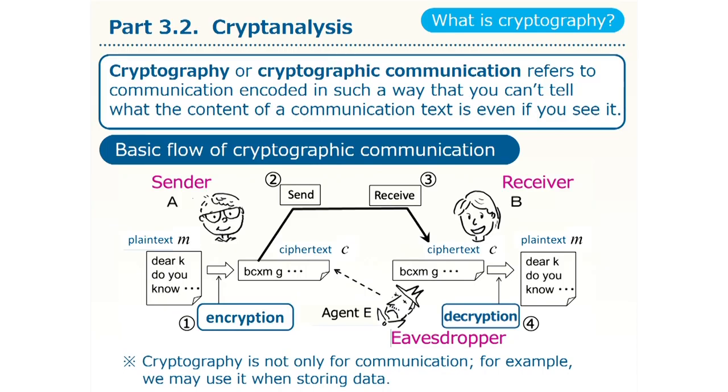Note that cryptography is used not just for communication, but also for storing data. So cryptography and encryption don't necessarily refer to communication, but rather, in general, to encoding such that text is not understood, even if it is seen.